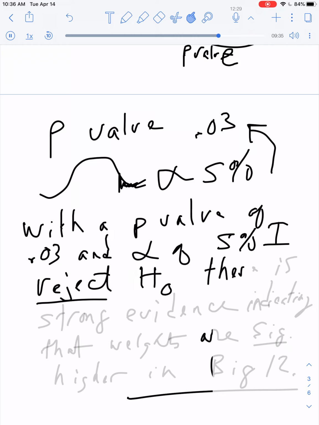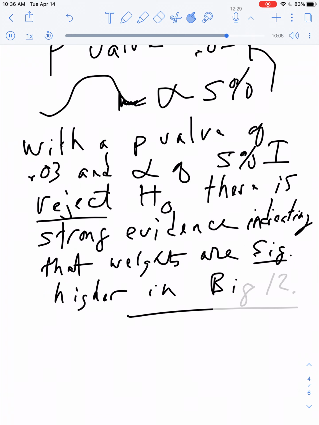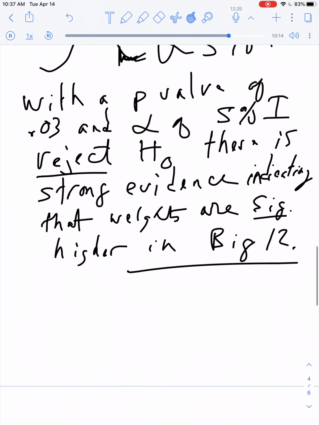There is strong evidence indicating, and I'm going to squeeze this in, that weights are significantly higher in the Big 12 conference. Okay, so what we just performed here was a test of significance to get this.